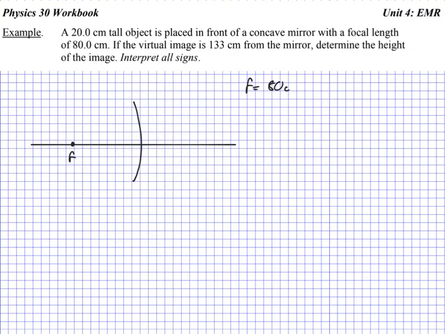Let's take one ray from the top of the image to the mirror. Then, of course, it's going to reflect back through the focal point. Let me see if I can get this approximately right. There we go. It's going to come back this way. I'll draw a little arrow on there.